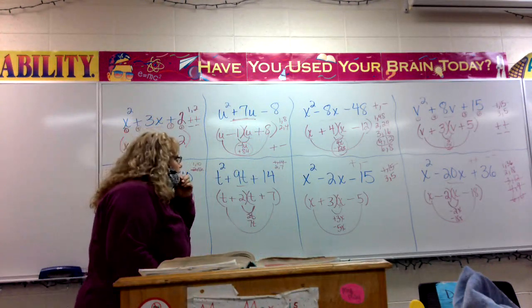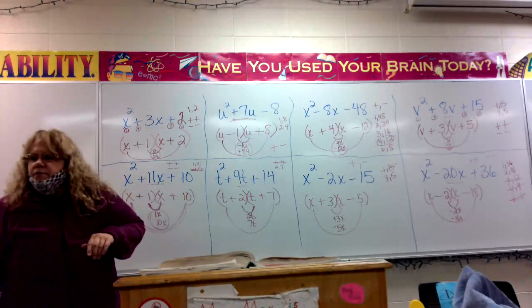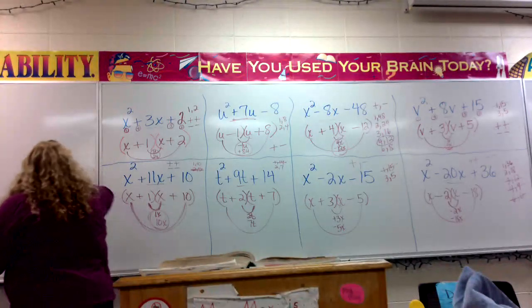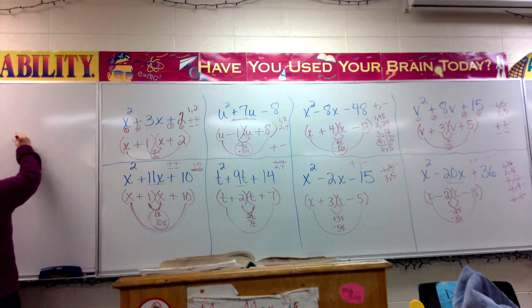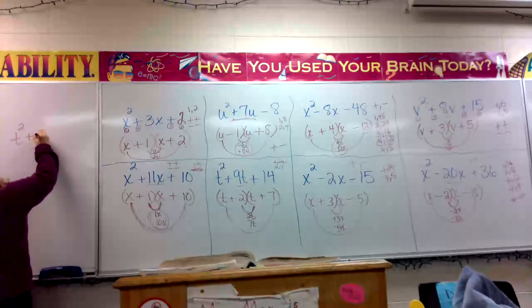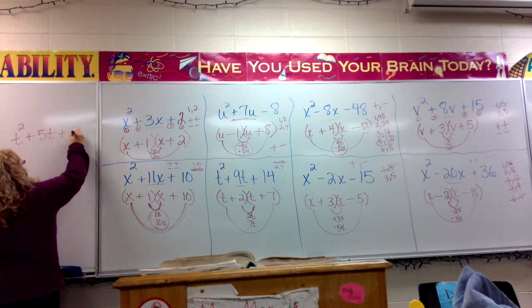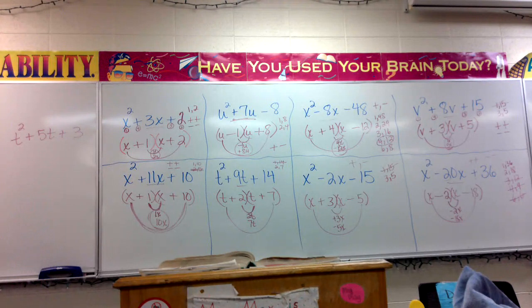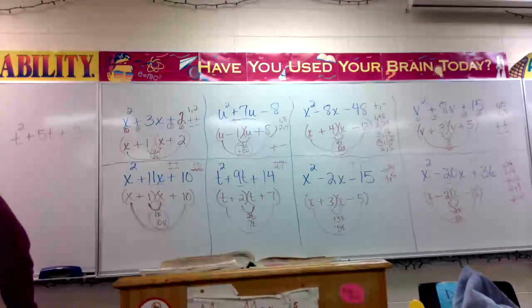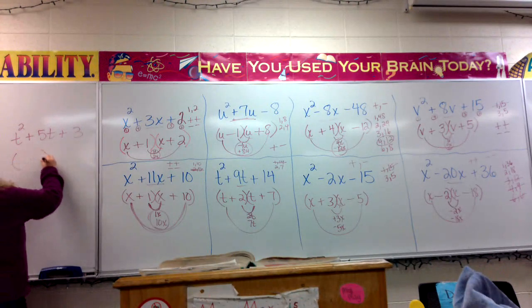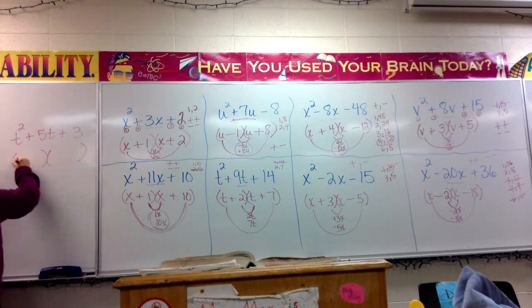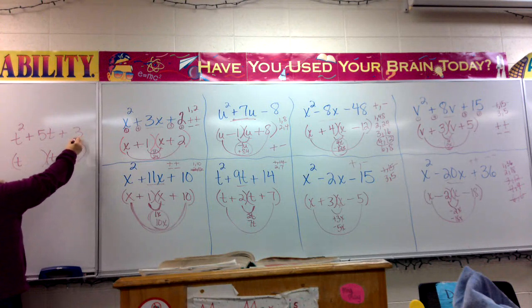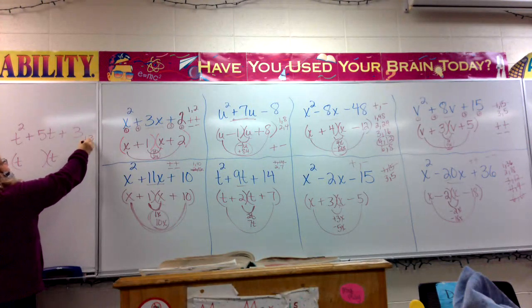One other thing. Can I just say one other thing, everybody listening? So what happens if I have t squared plus 5t plus 3? Hang on, can we see that? Yes, yes we can. So I try to factor, and I have t and t. The only possible combination here is 1 and 3.